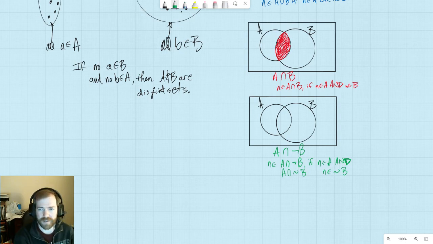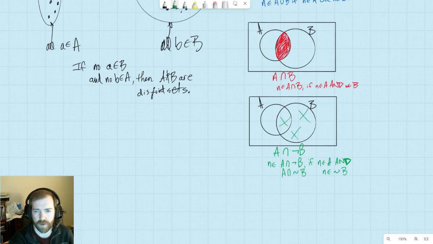So, the idea here is that our n, whatever it's going to be, has to be within the set A. But then also cannot be within the set B. So this is going to exclude all of this stuff here.